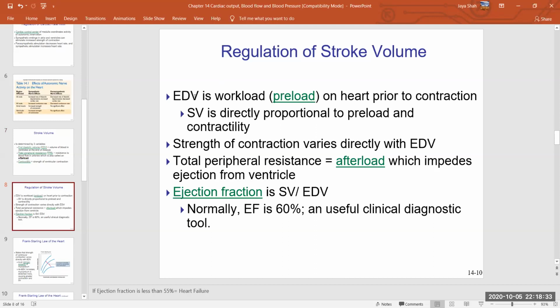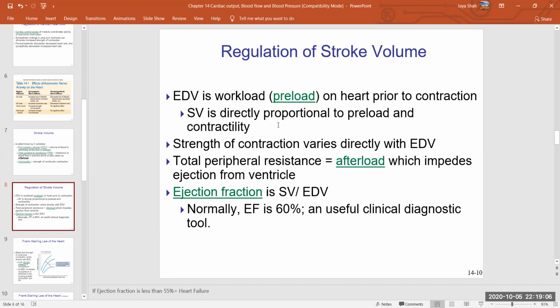Okay, so EDV is workload or preload on heart prior to contraction. So if there is more EDV, that means there will be more expansion of the ventricles, and that will give more load to the wall of the ventricles. And that's why EDV or preload is directly proportional to contractility.